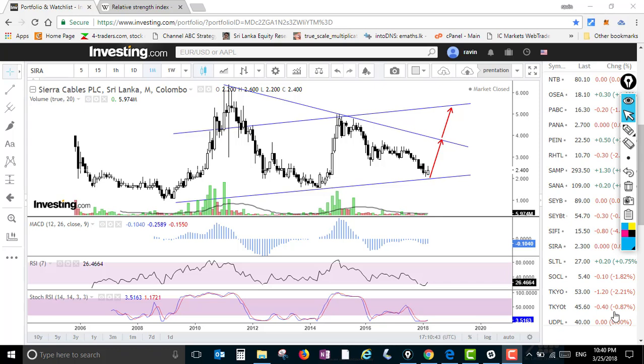Let me first go through a few charts which may help you to understand how I use these indicators to take the direction.